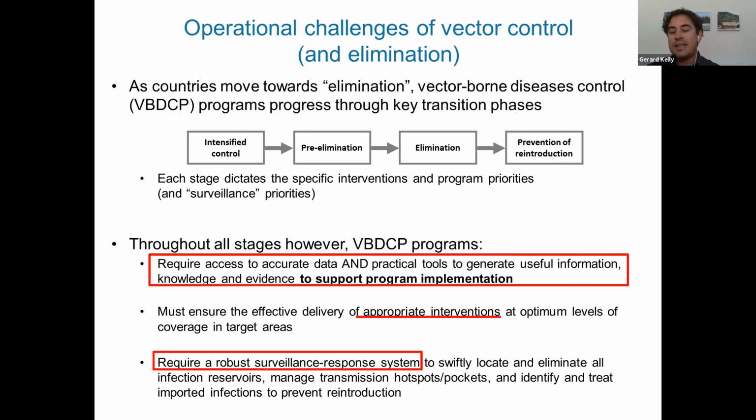An example of that is if we decide that household spraying is a good intervention in a particular area to halt local transmission of malaria, we want to make sure that they do it well. Because if we don't do it effectively, at certain levels, it basically renders the intervention useless.